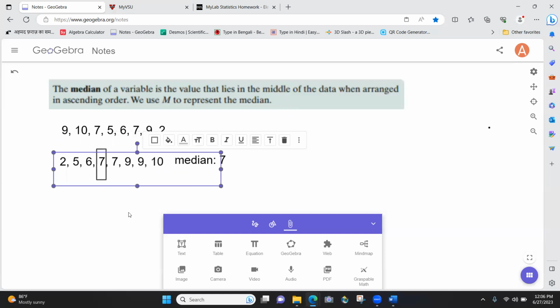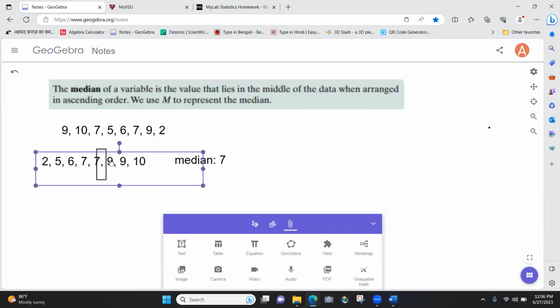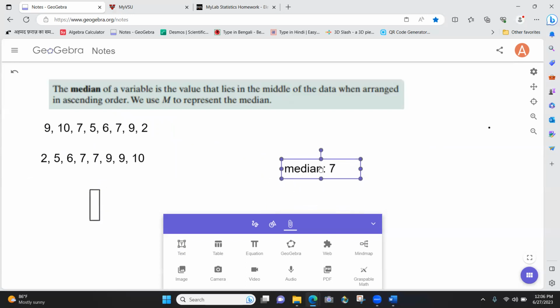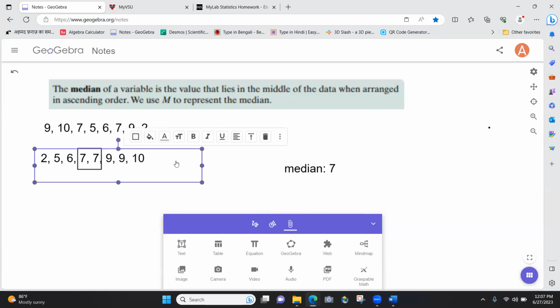This is my new rank order data set. I have 8 items here, but this time it's even. I don't have a unique middle number, but I have these 2 in the middle. They happen to be 7. They didn't have to be 7. One could have been 6, one could have been 7.